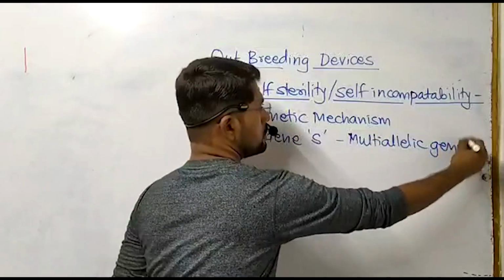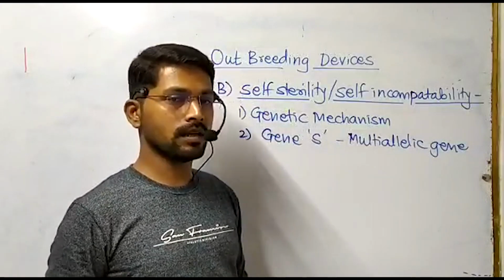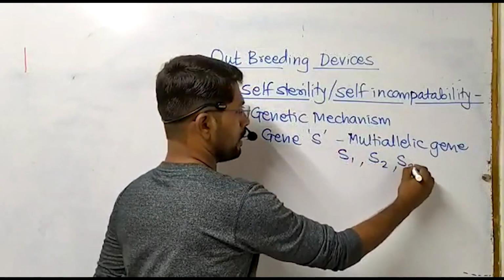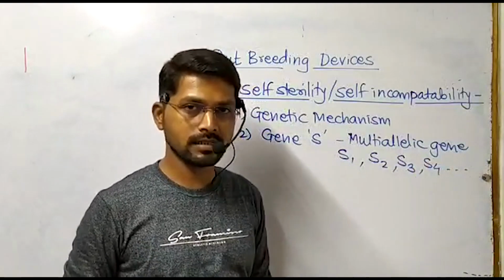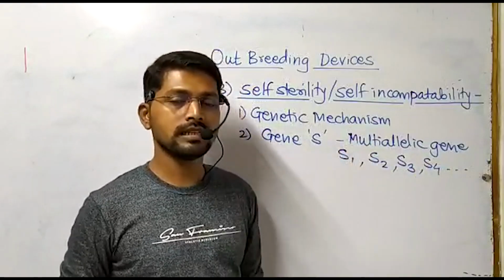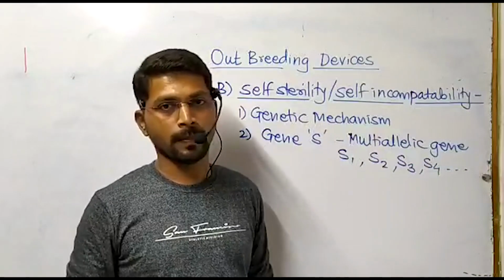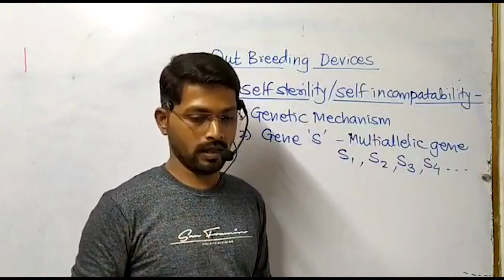It means this gene has various variations, different alleles are present, and those alleles are denoted as S1, S2, S3, S4, and so on. There are many different alleles seen, and therefore this gene is a multi-allelic single gene, and the name of the gene is gene S. Now let us discuss how self-incompatibility or self-sterility works.